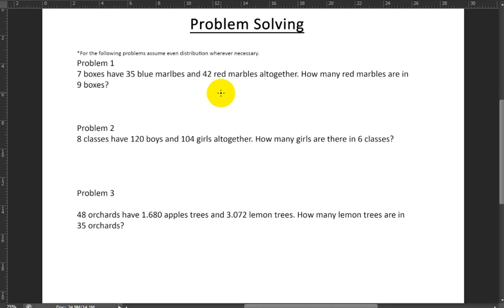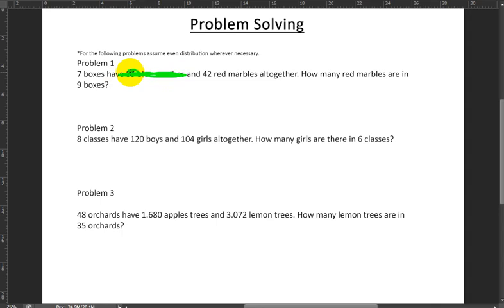Okay, so immediately what you need to notice here is that this problem has more information than what you need. It's asking about the red marbles. That means that this clue here, the 35 blue marbles, is unnecessary. It could have not even told us if it didn't want to. It's not a necessary piece of information to solve this problem.